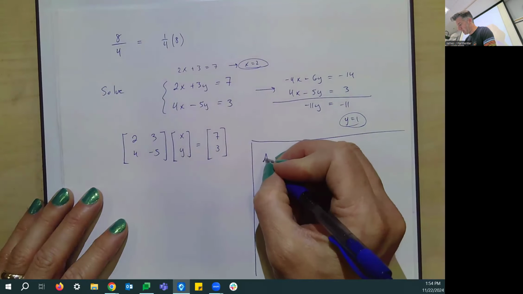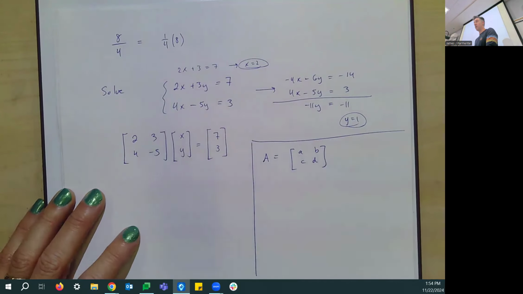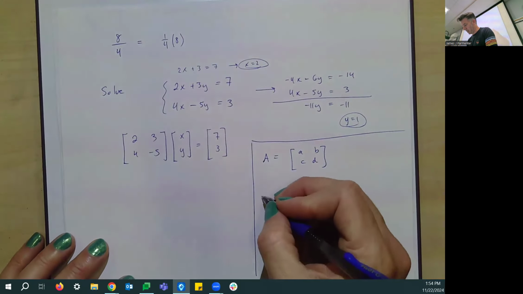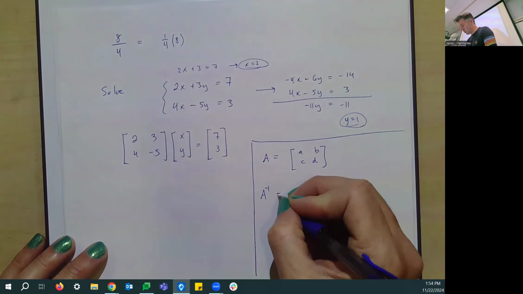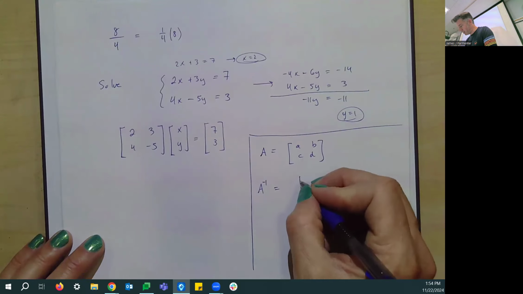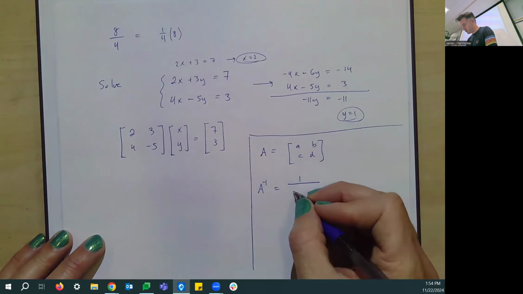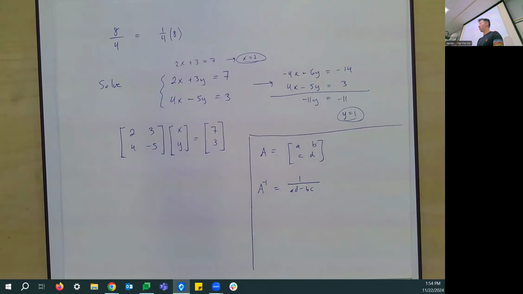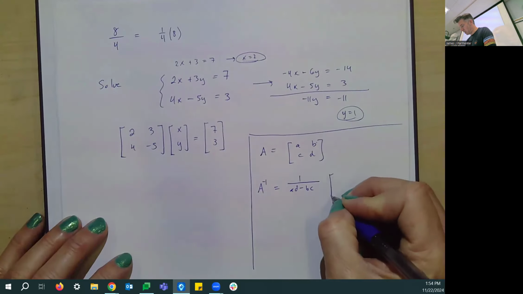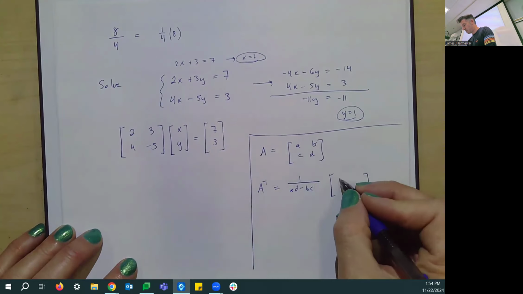So if A is equal to [a, b; c, d], then the inverse matrix, which we write as A superscript -1 and read as A inverse, is equal to the following: 1 divided by (a times d minus b times c), which we'll talk about later is the determinant of that 2 by 2 matrix, multiplied by your 2 by 2 matrix with the diagonal elements interchanged.